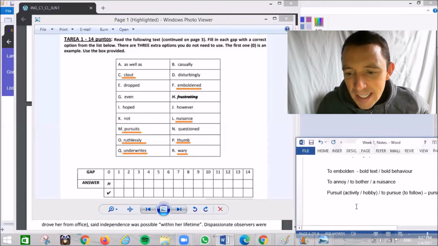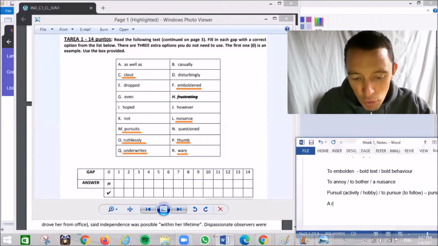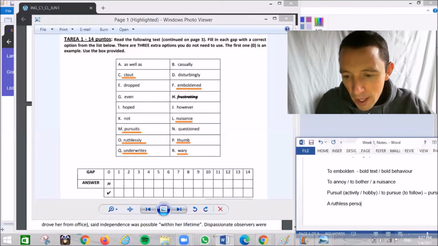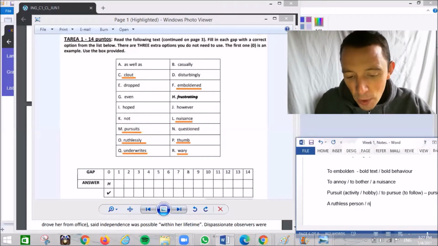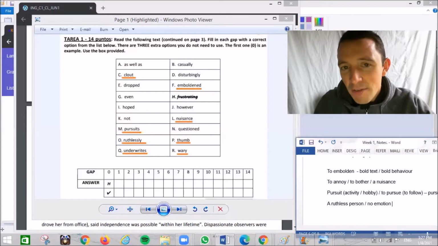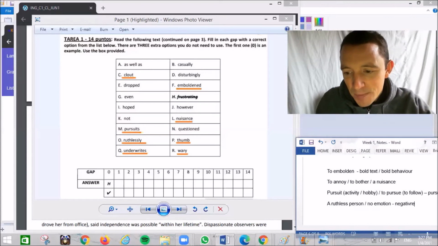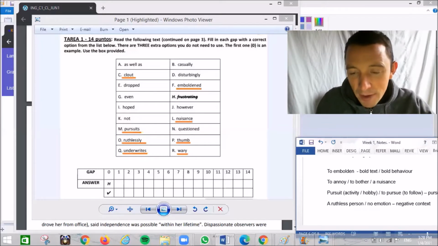Rootless is a fantastic adjective. A rootless person is very no emotion, very strong, and usually a negative situation, negative context, okay? But be careful, there's another word, root, which is completely different. Root is raíz in Spanish.